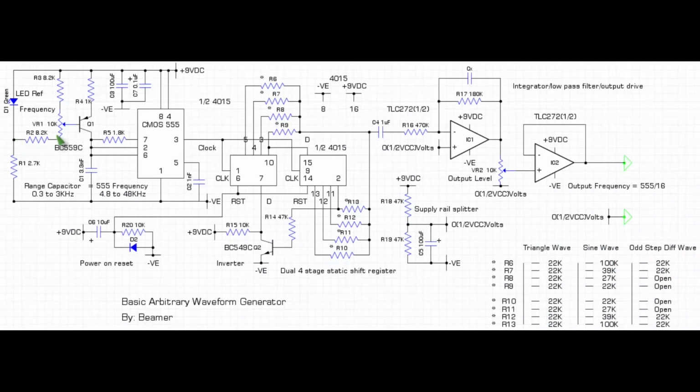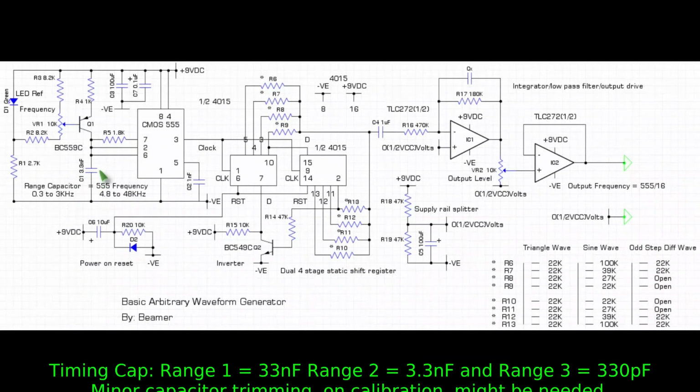That goes into the variable control, which is a linear 10K pot, and that then drives into a constant current source, which is Q1, the BC559C. That drives the ramp of the 555 capacitor C1, which is a 3.3 nanofarad.